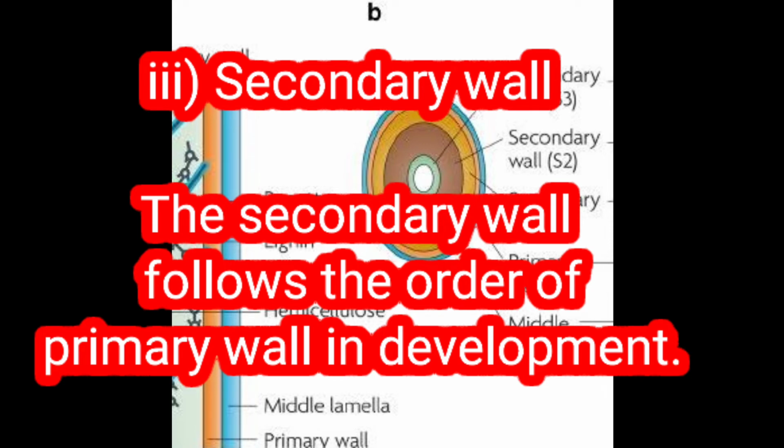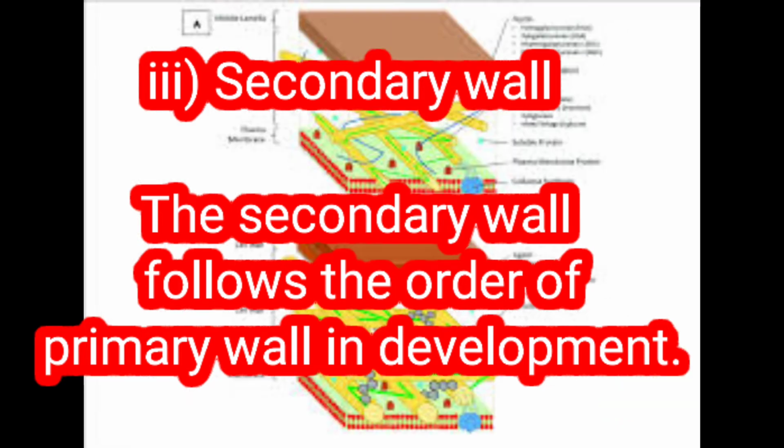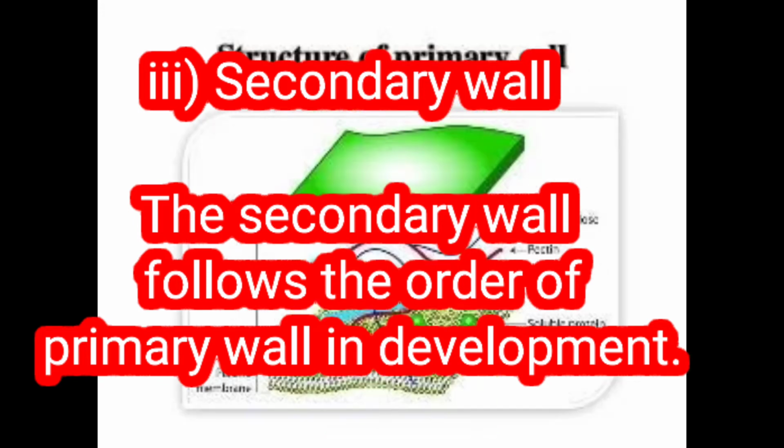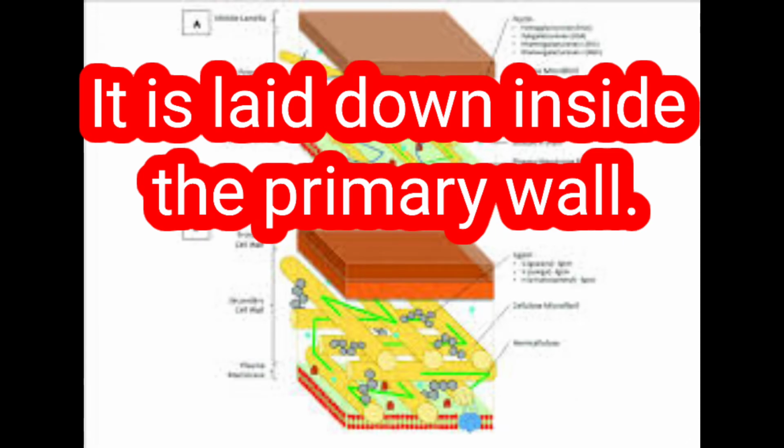Secondary cell wall. The secondary cell wall follows the primary wall in development. It means that it is formed after the primary cell wall and deposited on the inside of the cell wall.